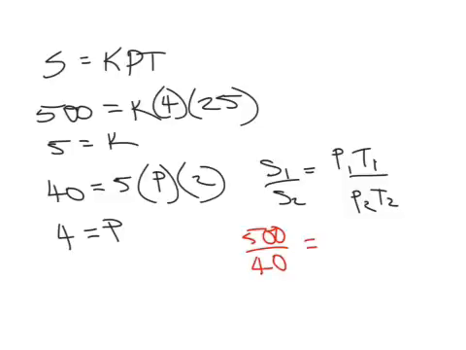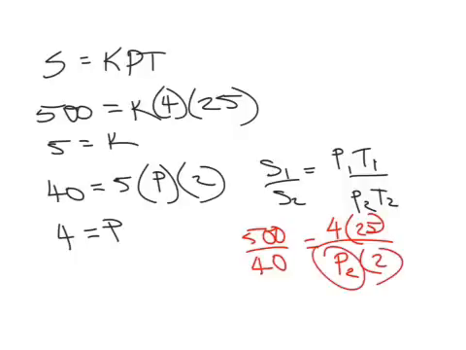Our initial plums, our initial tomatoes, and our final plums is what we're looking for, and our final tomatoes was 2. And you end up looking for this then, and you also, again, get 4. Alright, so that is what's going on when it comes to joint variation.